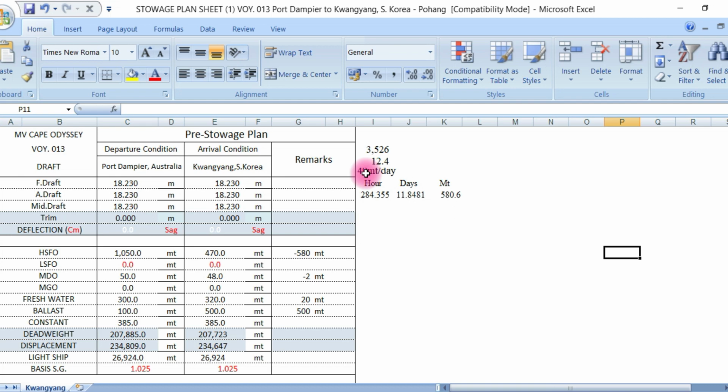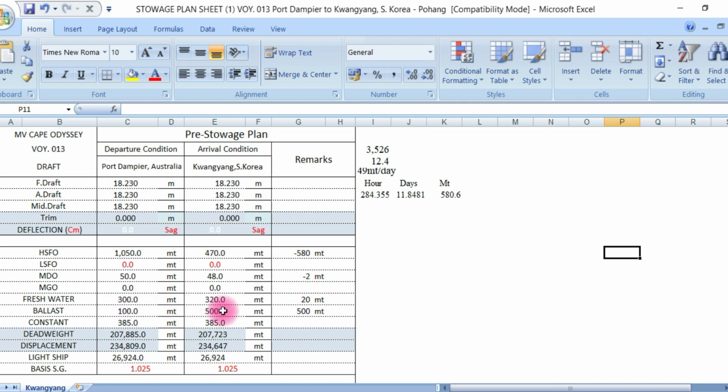So you multiply this 11.8481 days, you have a total consumption of 580.6. So we stick to the figure 580. And in 11.8 days of travel, the consumption of diesel is only 2 metric tons.